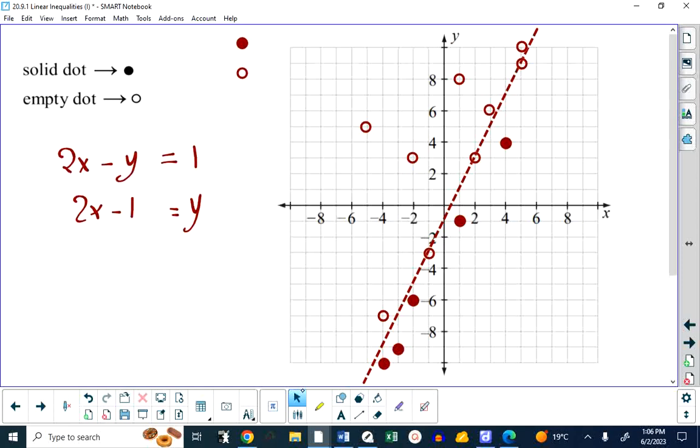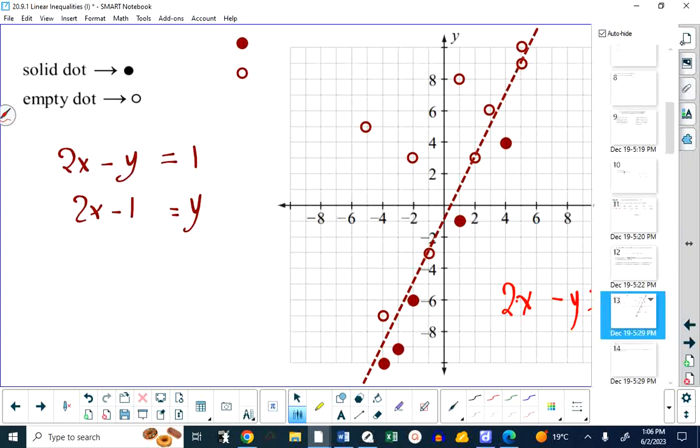Can you tell me how our graph would be different if the inequality was not, so we're building the inequality here, 2x minus y is greater than 1, right?